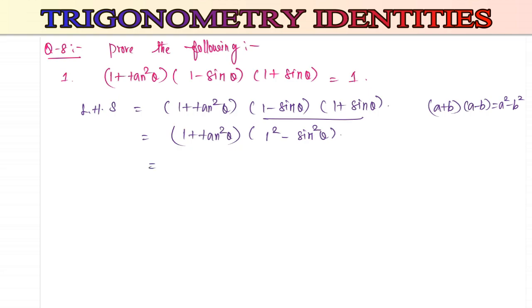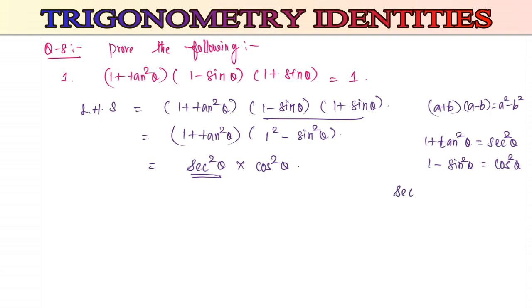1 plus tan square theta, the value is secant square theta. 1 minus sin square theta value is cos square theta. So I am going to substitute here secant square theta into 1 minus sin square theta, which is cos square theta. The reciprocal of cos theta is secant, so secant square theta is equal to 1 divided by cos square theta.